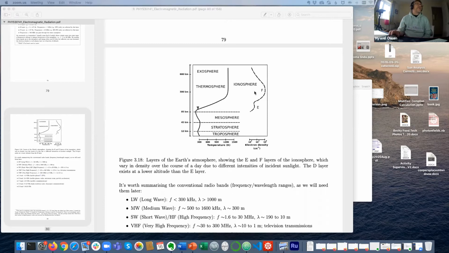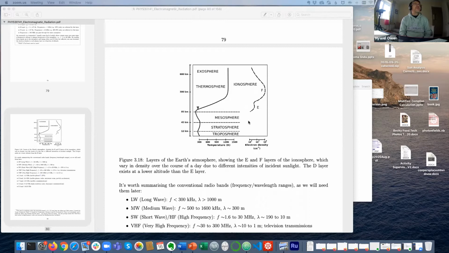These different altitudes are depicted here, and we conventionally label the different ionization layers as D, E, and F. The D layer lives down here at a lower altitude than the E layer, and the D, E, and F layers have different typical electron densities.